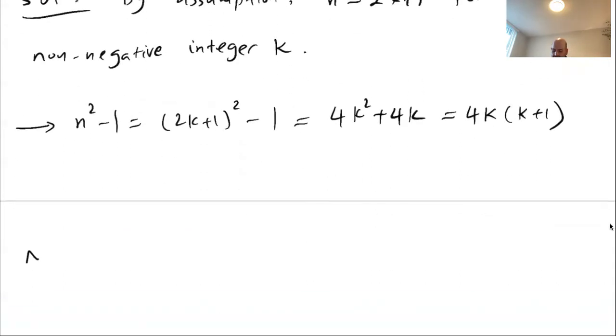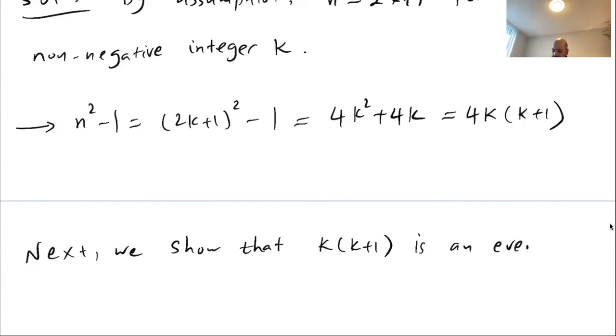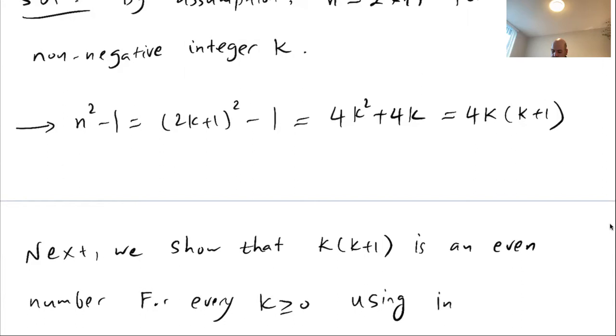So our next step: we show that k times (k plus 1) is an even number for every k bigger than or equal to 0 using induction. You can show that this is an even number using induction or using the division algorithm. But because we are on the topic of induction right now, I would like to do it with induction.